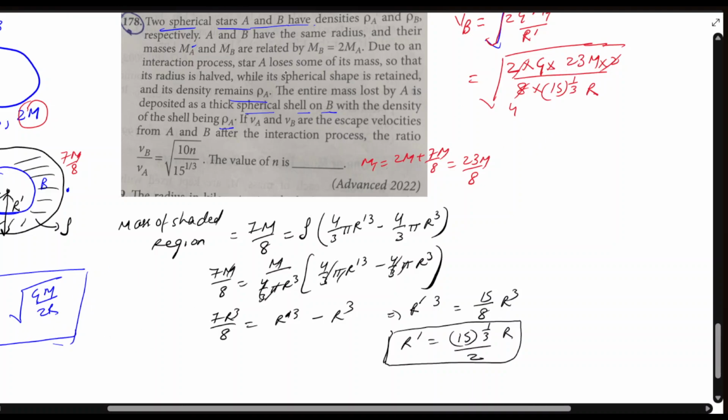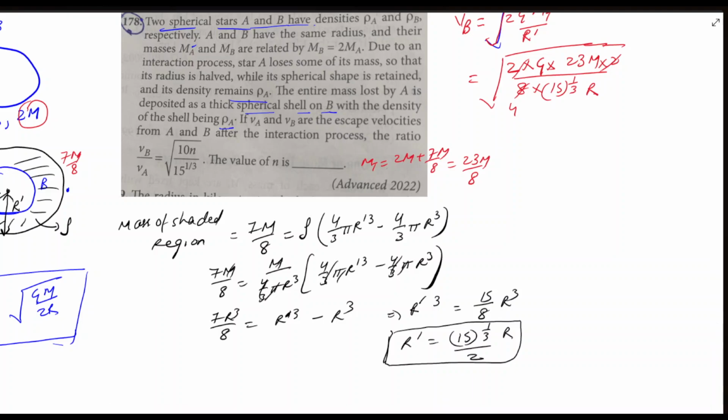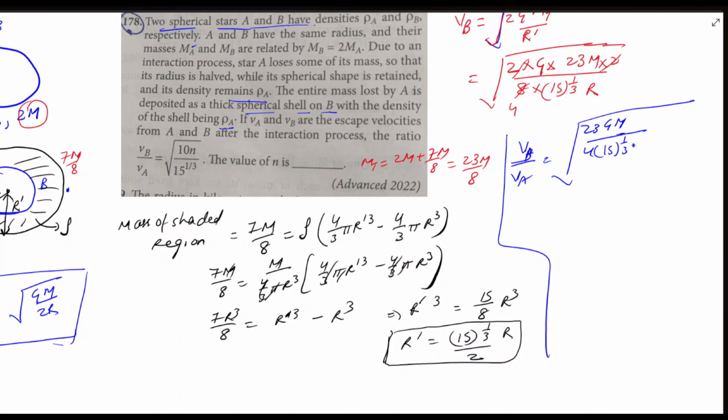So we get VB upon VA will be root of everything in this root, right? So it will be 23 GM by 4, 15 to the power 1 by 3, and the r will be here like this. And VA will be GM upon 2r.